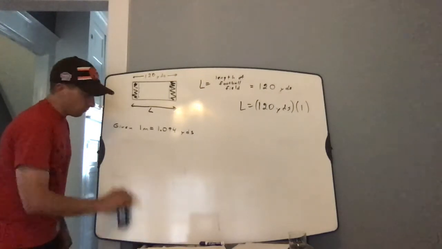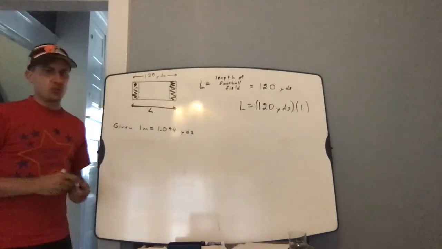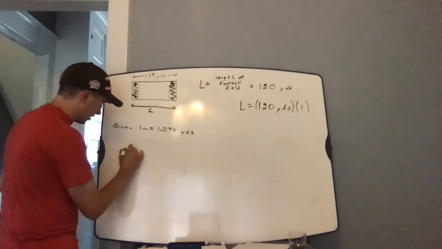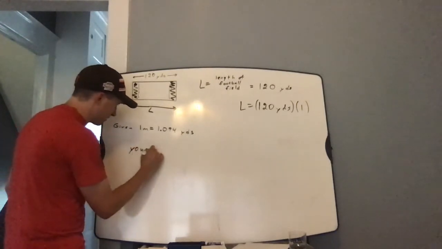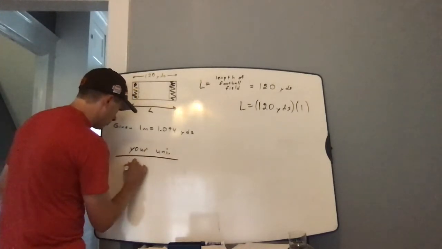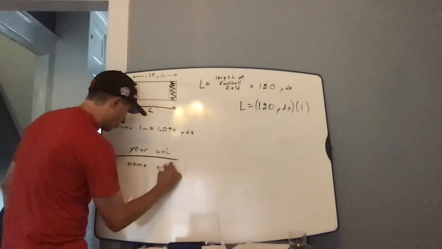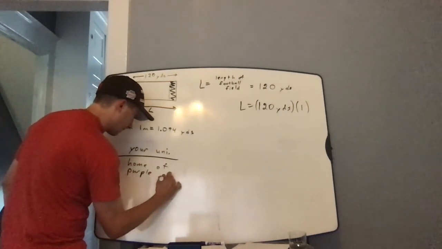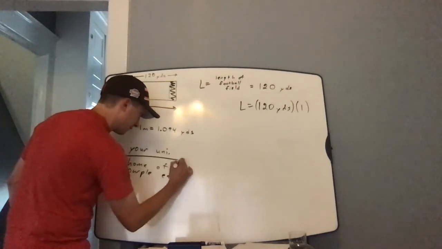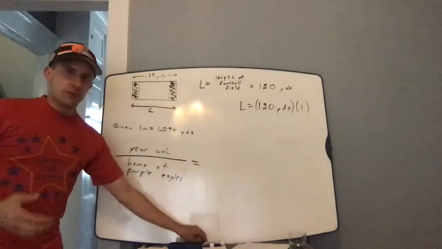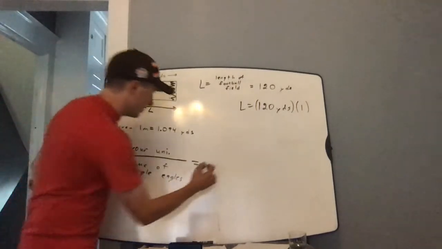Now, I could write the number 1 in a much more abstract way. So let's say your university divided by the home of the Purple Eagles. What is this equal to? Well, your university is Niagara University.